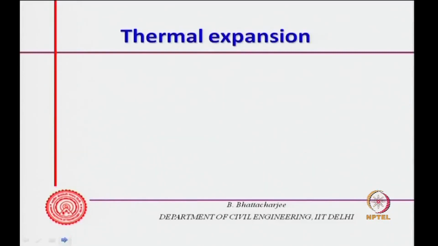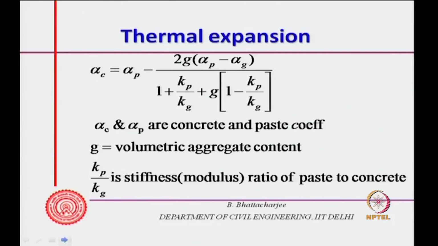The factors that affect it are moisture content, which strongly affects it, and also the volume of aggregate, because you can see from this expression: this is the thermal expansion of concrete, this is the coefficient of thermal expansion of paste and aggregate, G is the volumetric aggregate content, and Kp is the stiffness ratio of paste and aggregate, the modulus of elasticity of the paste to aggregate.